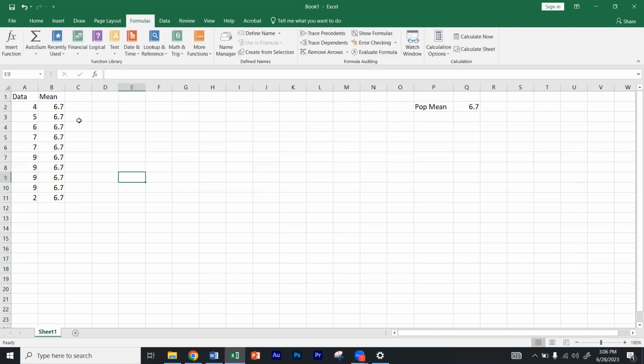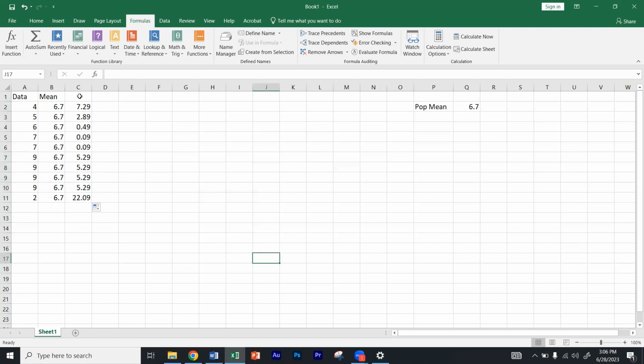Okay, now in this column, I'm going to put an equal sign, subtract and square. Okay, this minus this, and then I'm going to square it. Caret 2. Okay, now look at this. Everything will be positive.